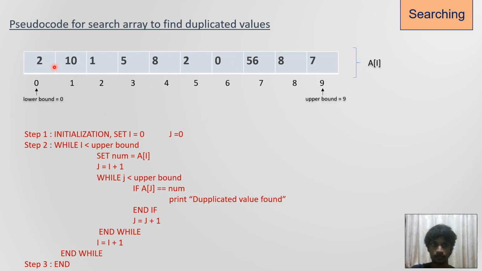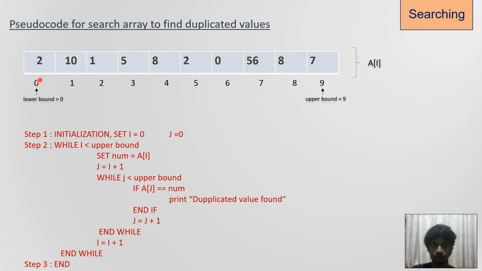So basically, first we get an element from this array, then we check the other elements in the array and check whether there exists any element the same as the one we just stored.